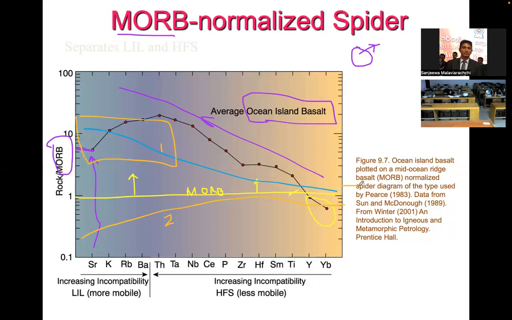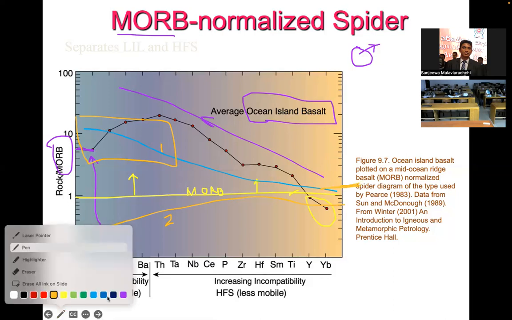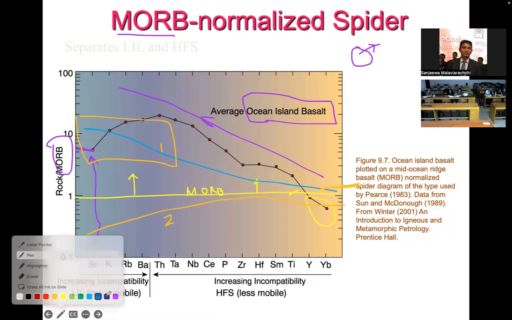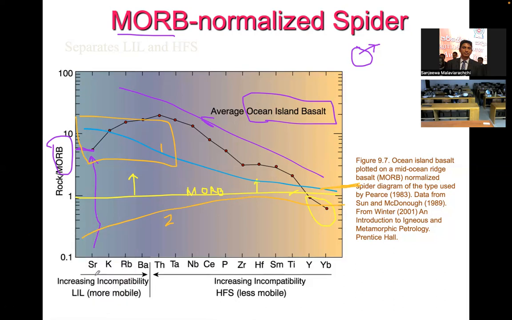Their composition is somewhere at this level. So what do you think about these two rocks? Number two, what has happened in this case? It has incompatible elements depleted, right? A depleted pattern, incompatible element depleted pattern.